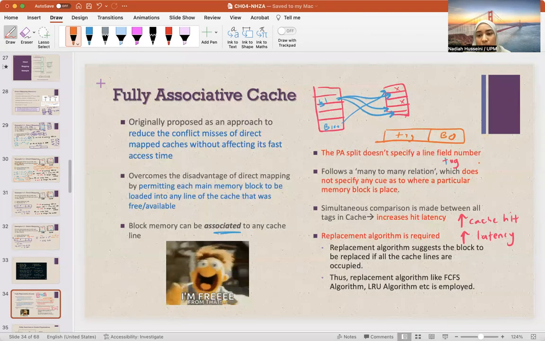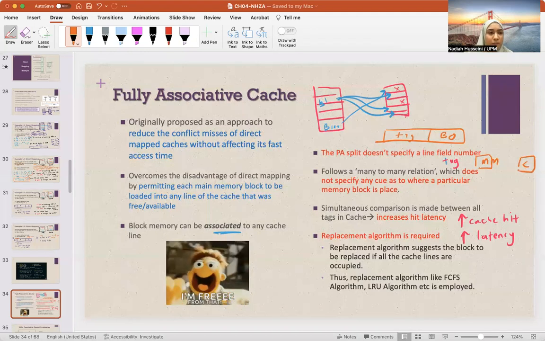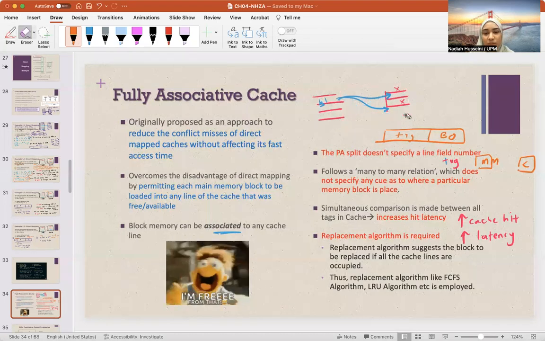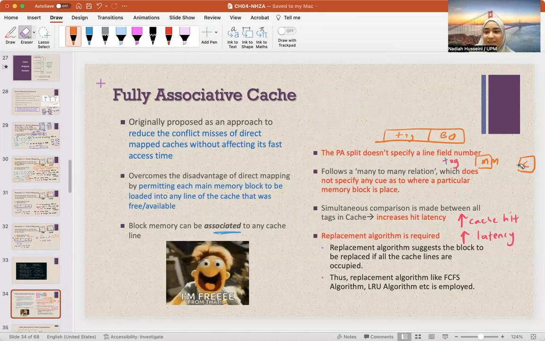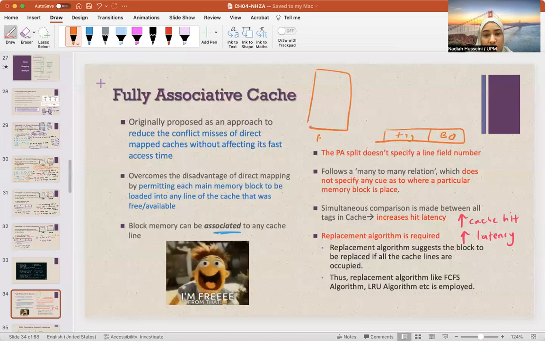So when I want to map my memory onto my cache, it is actually flexible. So let me try to draw this. I already drew it here, but it's very ugly. Let me draw it again. If it's going to be ugly, it's going to be ugly again. But we'll try. Okay, so this is the main memory, and this is the cache.